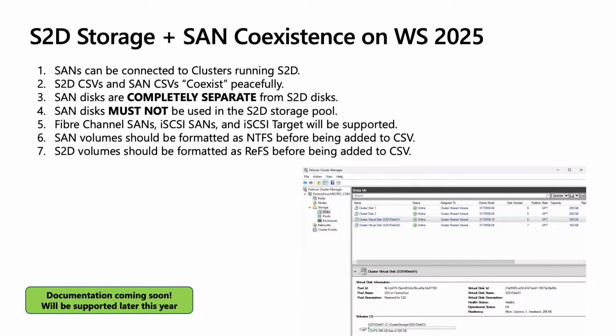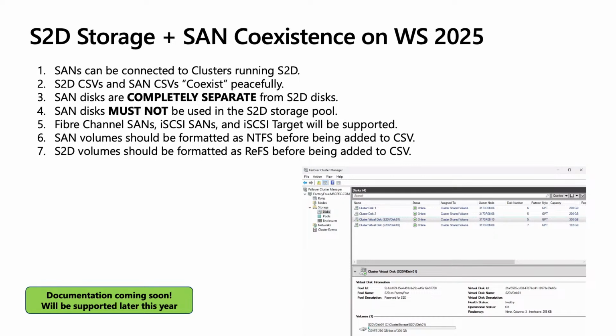The first feature that we're going to bring into Windows Server 2025 is S2D storage plus SAN coexistence. We're going to enable customers who are running their failover clusters using Storage Spaces Direct, or S2D storage, in a single rack to connect their SANs, be it an iSCSI SAN or Fibre Channel SAN, to their failover cluster.